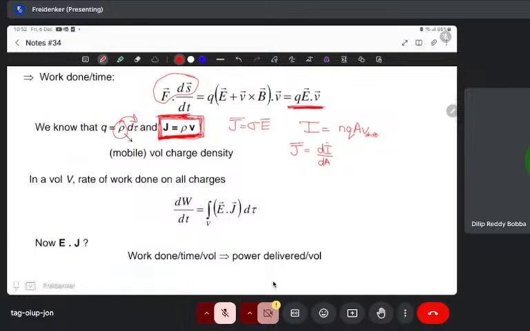This one, so I is nothing but, I'm simply writing equations at this point. How do I reach that?